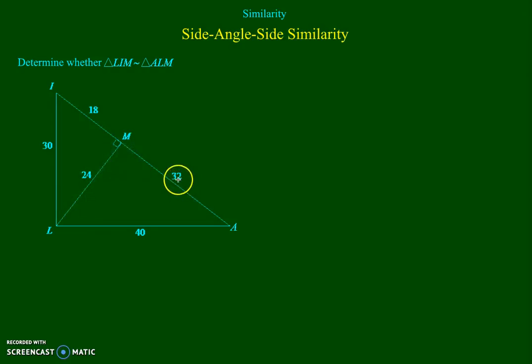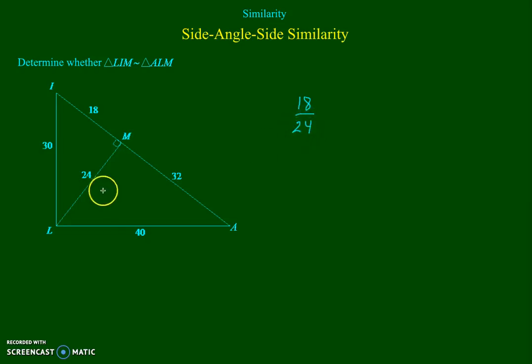So let's go ahead and start writing our relationships and see if our corresponding sides are proportional. So I'm going to start out with IM. IM is here, and I'm going to write 18. IM corresponds to LM. LM is 24.